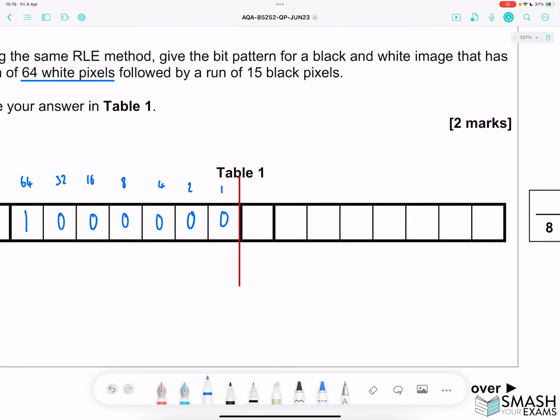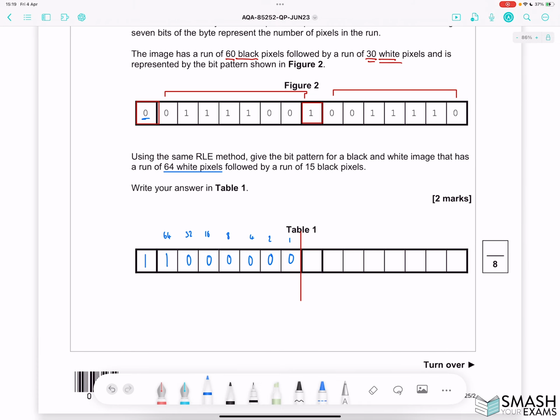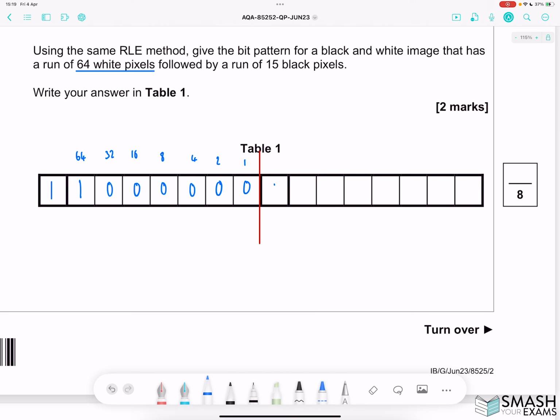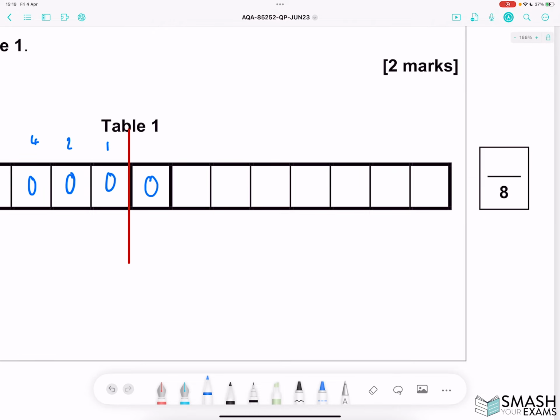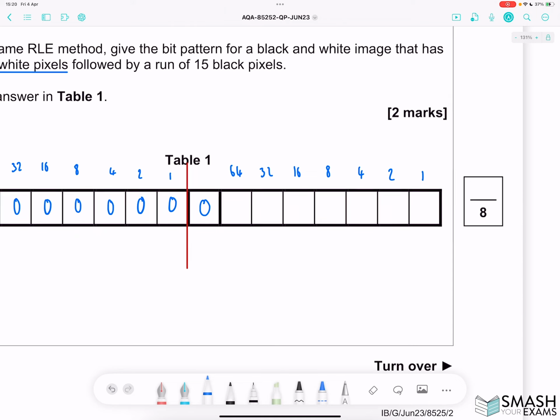So they want us to do a run of black pixels, where we know from before that black pixels were represented where it was turned off. So we know that for black pixels we will use 0. And it says a run of 15. Now let's do the same thing so we don't make a mistake. We've got the time in the exam to do this. So we'll put our binary weighting line, our column headings, 32 and 64, and double check the number.